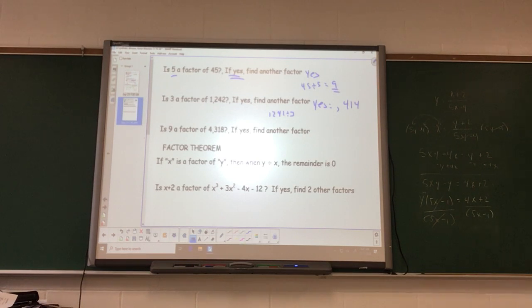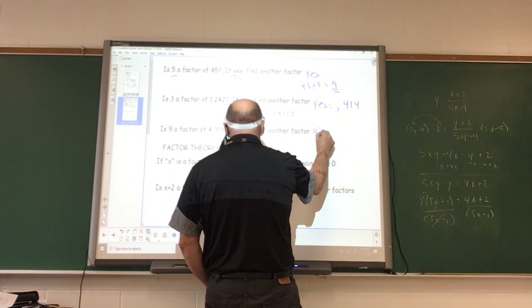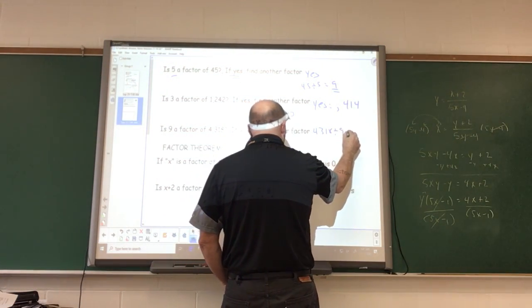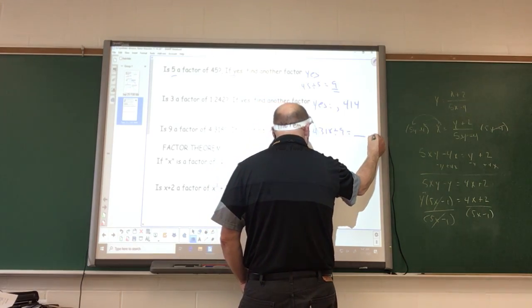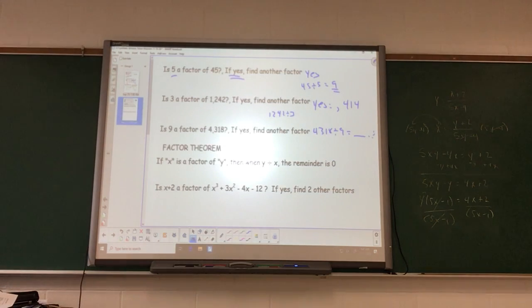What does that mean if it's a factor or not a factor? We have 4,318 divided by 9, and you came down to numbers plus some decimals. What's that mean when I deal with division?